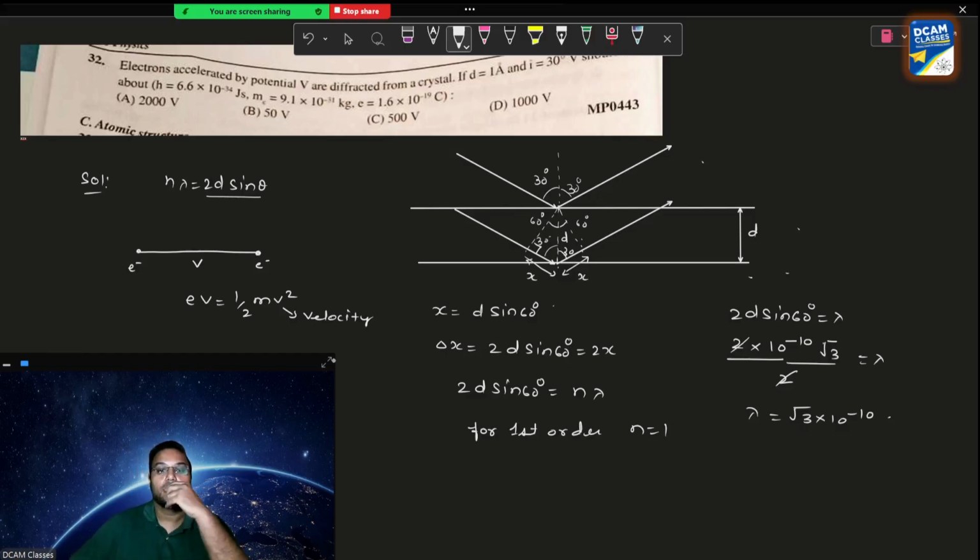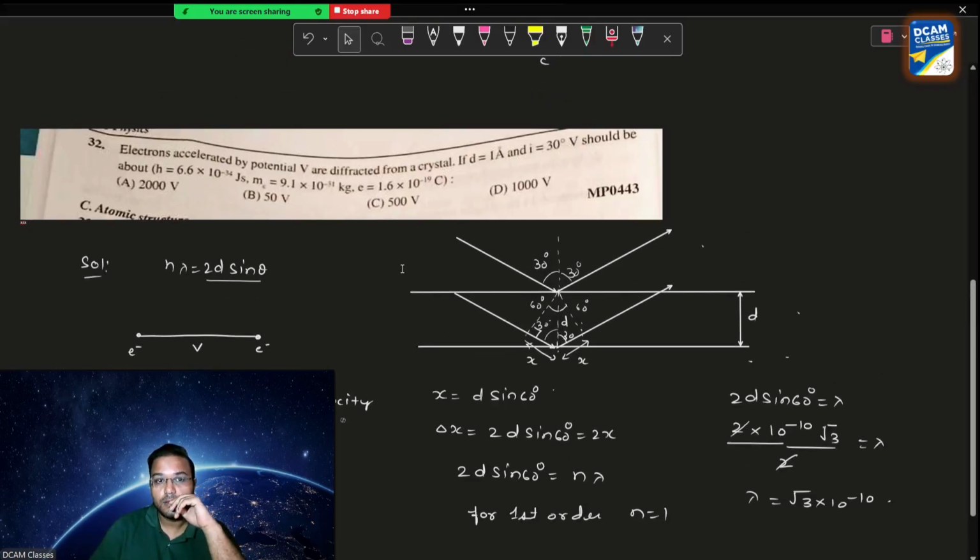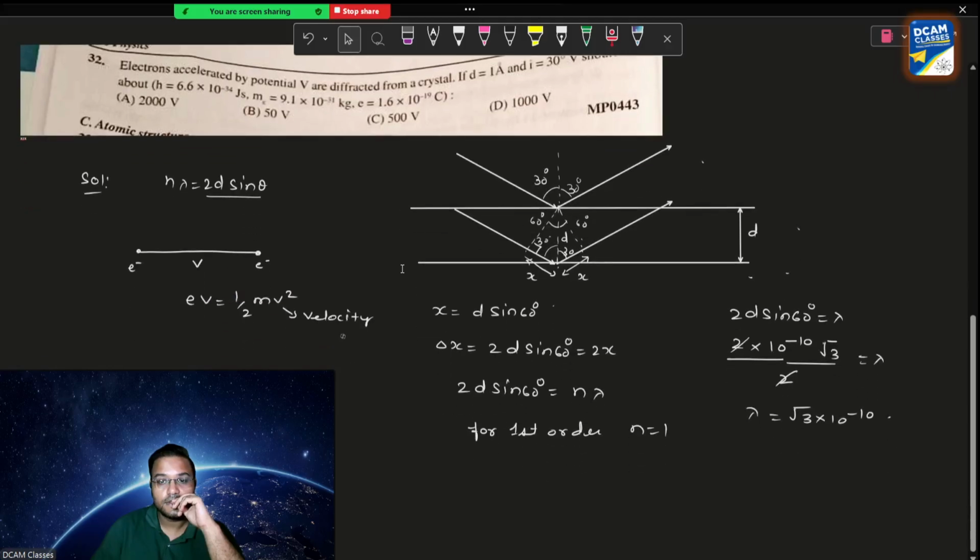And this kinetic energy that it has is what is given by this lambda, which is hc by lambda.